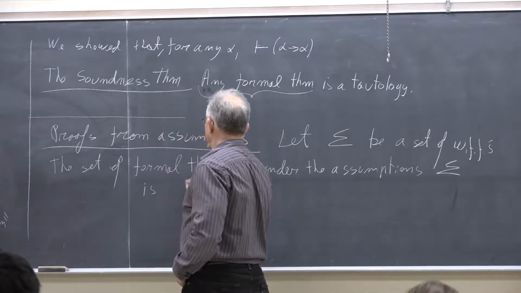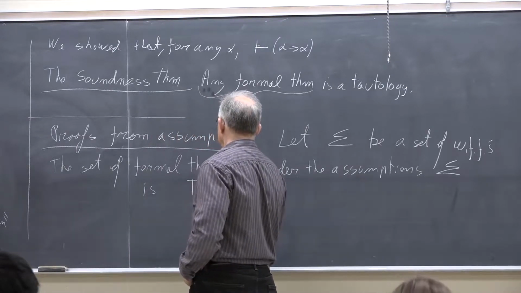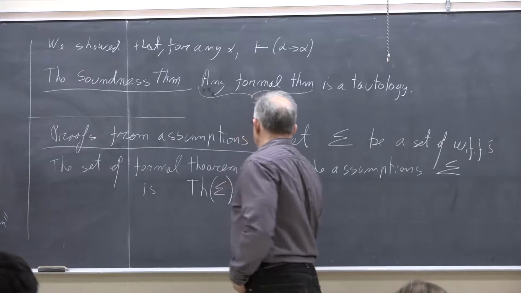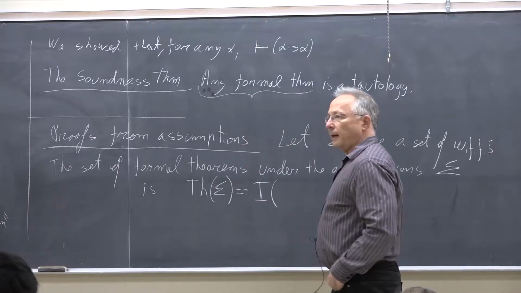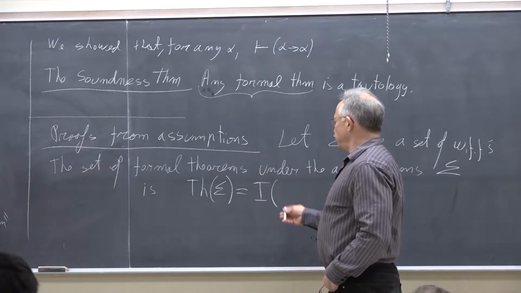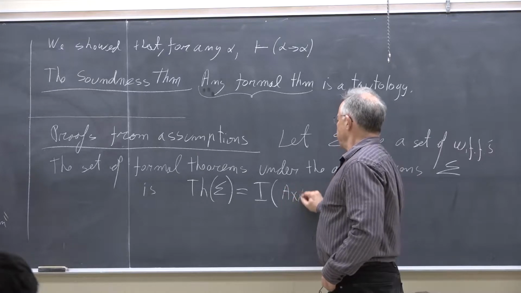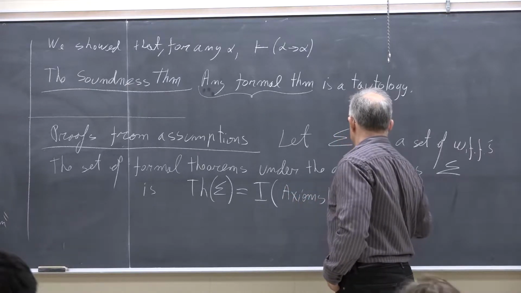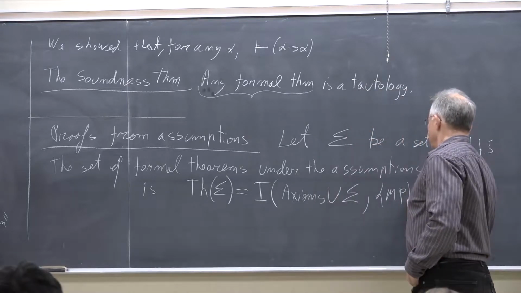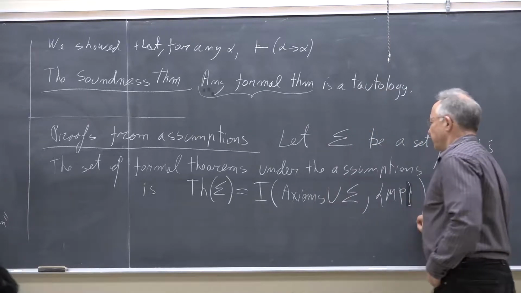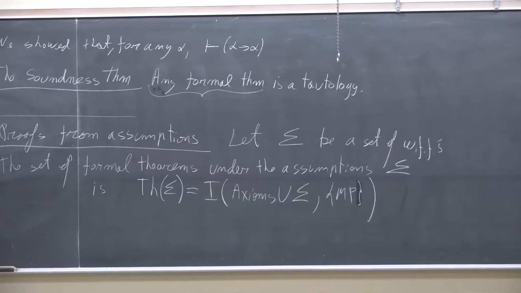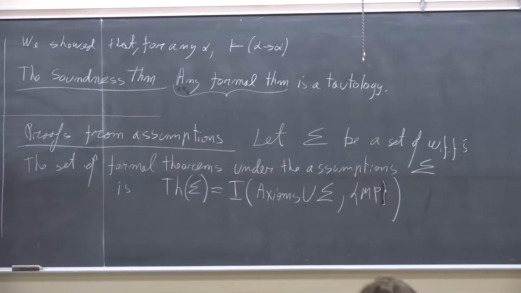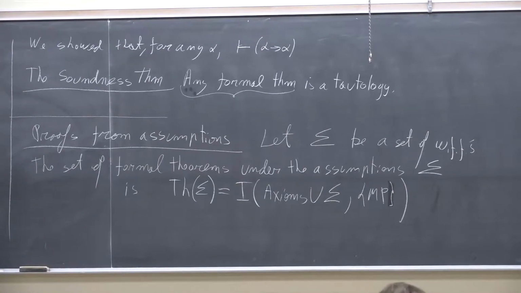So let's call it theorems of sigma. And this is I of the axioms, but now I allow myself on top of the axioms to add the members of sigma. So now, if I want to prove based on sigma, I allow myself to use the elements of sigma as elements in my proof.